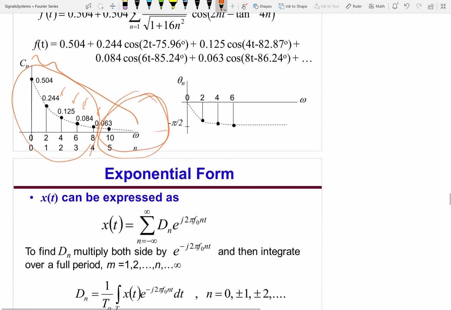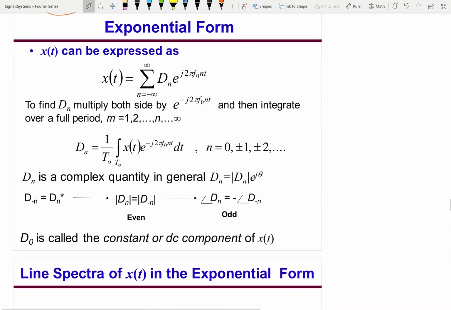Let's continue. Now we will do the exponential form. The advantage of exponential form is that it is very easy to calculate. You don't have to calculate A0, An, Bn to find Cn, C0 and theta n. In exponential form, a signal can be represented as a linear sum of Dn amplitude times exponential, and Dn is usually complex, so it will have magnitude and phase.